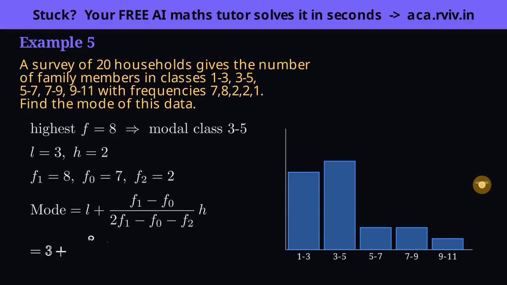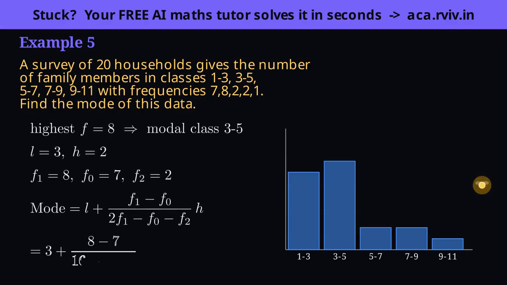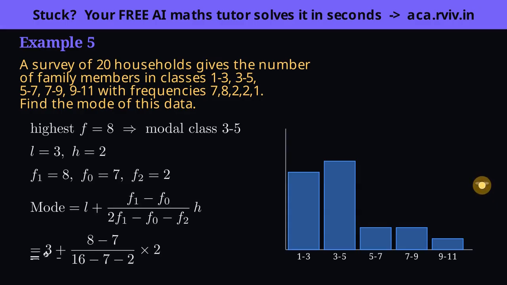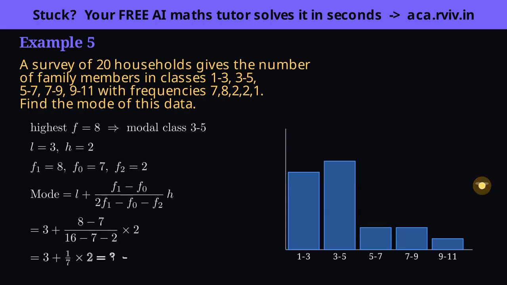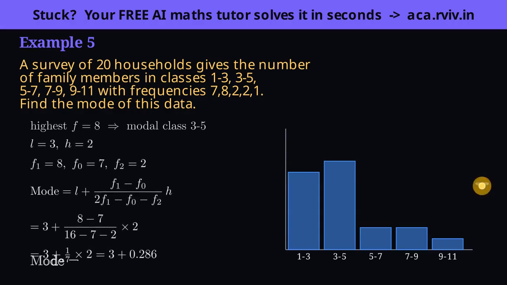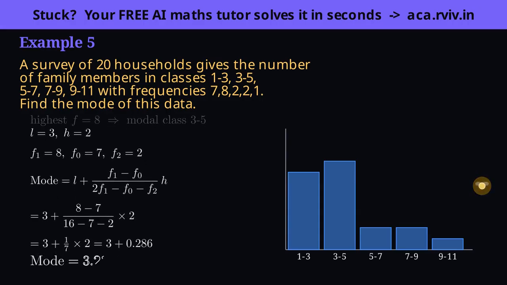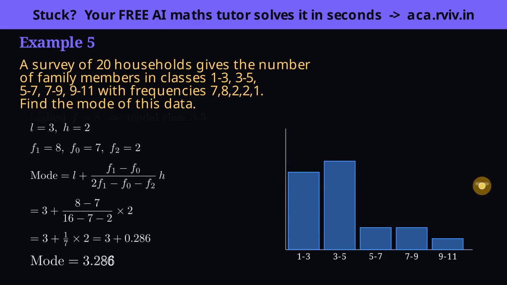Substitute our numbers: 8 minus 7 on top, 16 minus 7 minus 2 below. Simplify, 1 over 7 of the class width. Multiply by the width 2, a small step, about 0.29. Add that small step onto the lower limit 3. The mode is 3.286 family members.